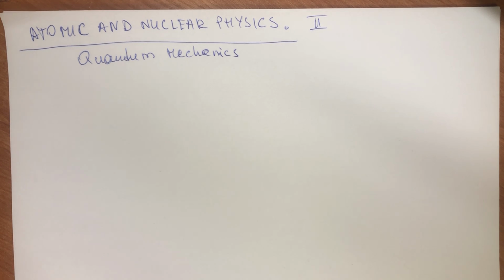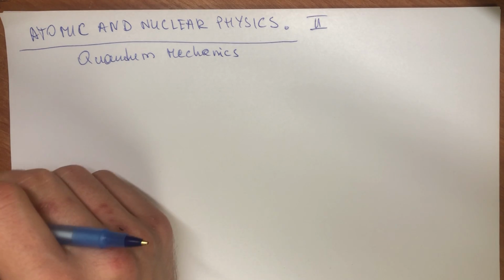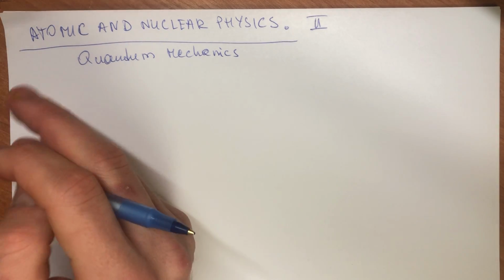If we are speaking about energy that is emitted or absorbed as light, then we can think of light as a wave, or we can think of light as a flow of particles, so as photons. So today we will go deeper into quantum mechanics, and we will discuss the nucleus of the atom.